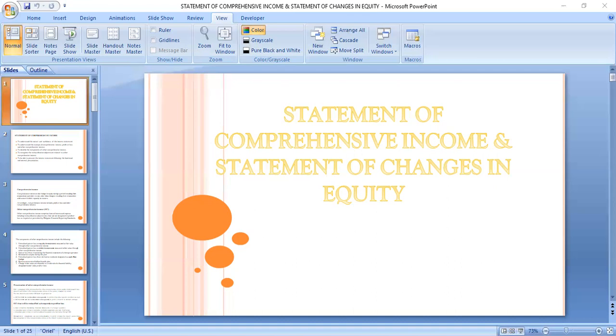Now we have the sources of income. We have the sources including sales of merchandise to customers. The income shall include sales to customers during the period minus sales returns, allowances, and discounts. Rendering of services.